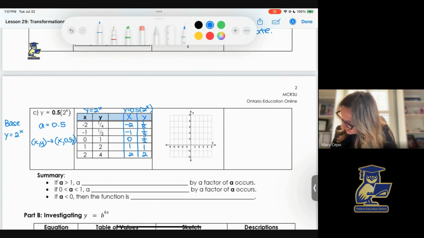Okay, so graphing that again, the horizontal asymptote is at y equals 0. So at -2, we're at 1/8, so very close to 0, but not quite there. 1/4. At 0, we're at 1/2. At 1, we're at 1. At 2, we're at 2.